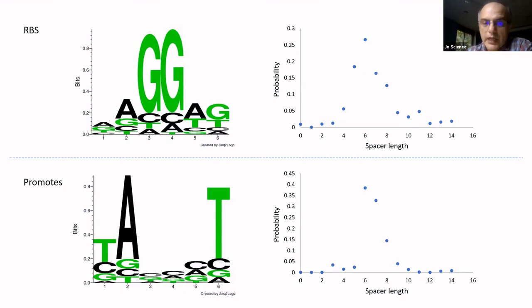I want to emphasize again, we didn't tell it that this species is using this mechanism. It was found by the algorithm itself. And then when you look at the length distribution, it has a peak around 6. The shape again is a bell, quite close to what we expect. And the second part of this panel shows a promoter.